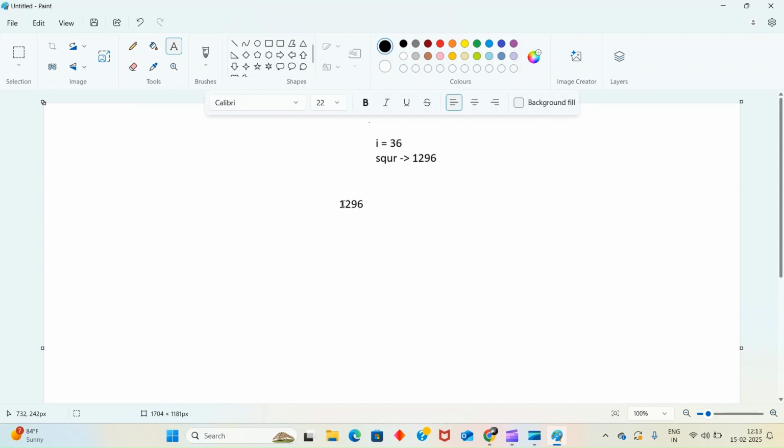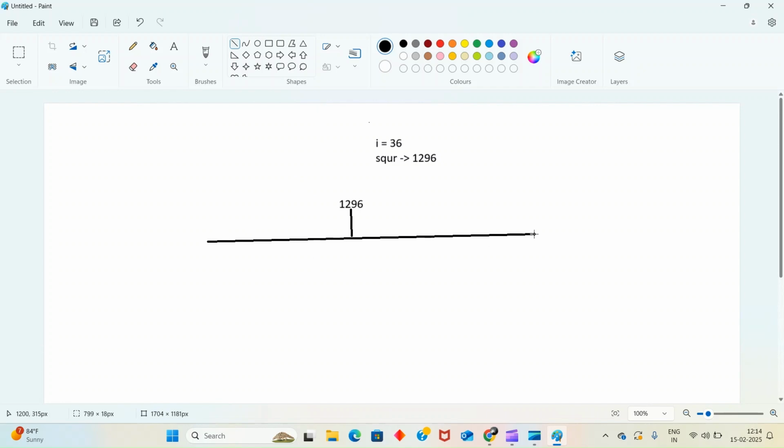How many cuts can I do? Either here, here, or here. Okay, so let me use this. We can make how many? Three.